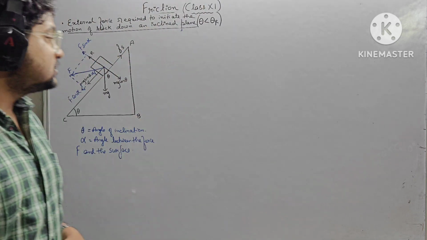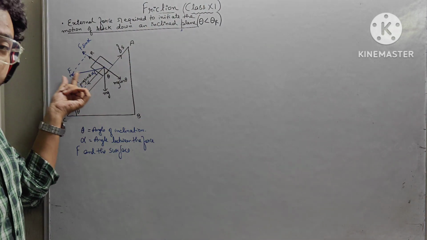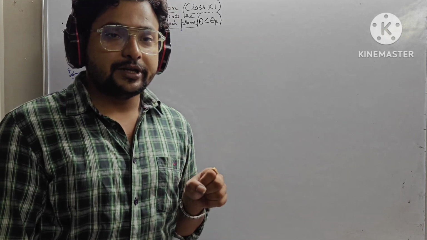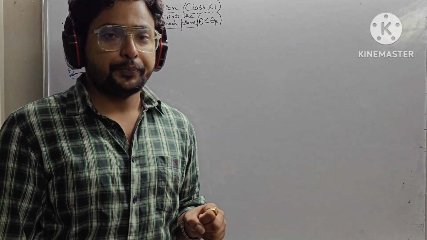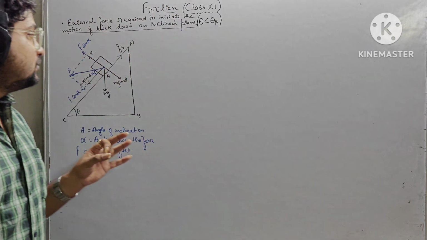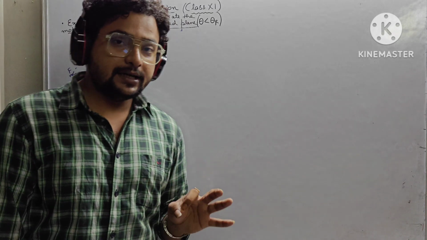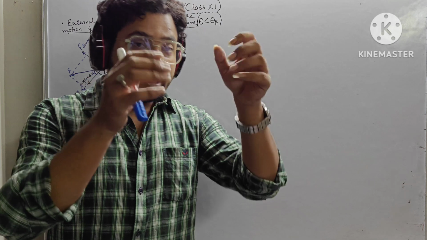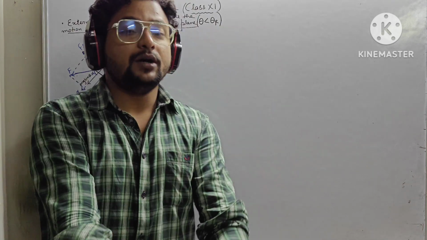Over here I am just trying to find out how much minimum force you need to bring the block down. That means to start the motion of the block. Okay, so please be careful over here. I have not taken acceleration. I have not taken the case where I have applied the force and the block is coming down with an acceleration.